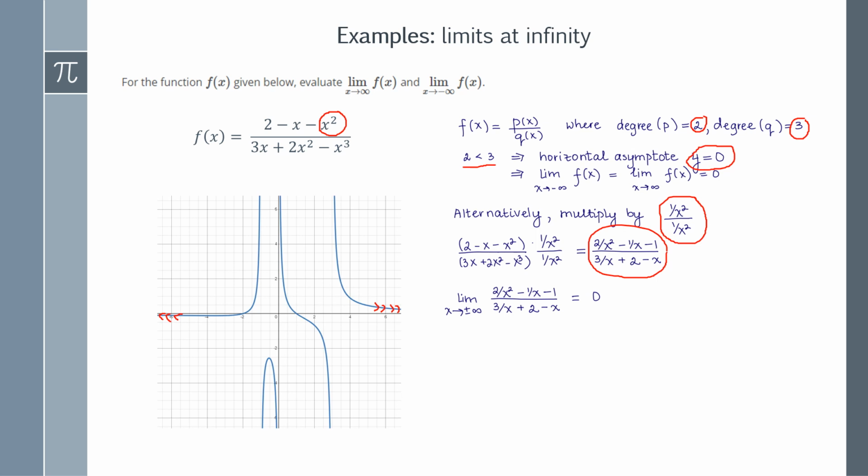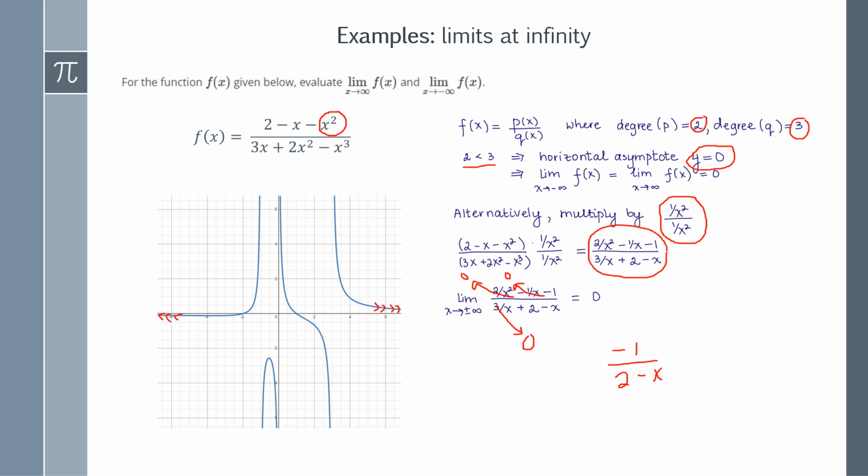And now if we evaluate our limit as x goes to either positive or negative infinity, what's going to happen here? Well, as these values get really, really large in magnitude, this is going to go to 0. This is going to go to 0, right? And so is this number right here. So you can think about it as the following. Now what you have is negative 1 over 2 minus x.